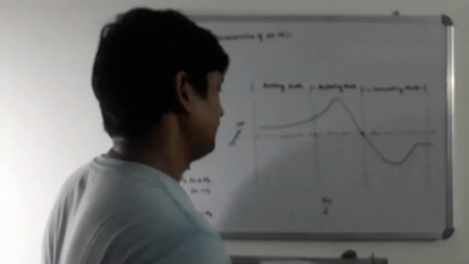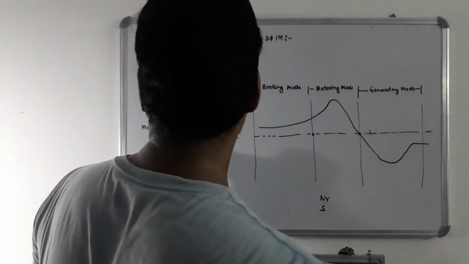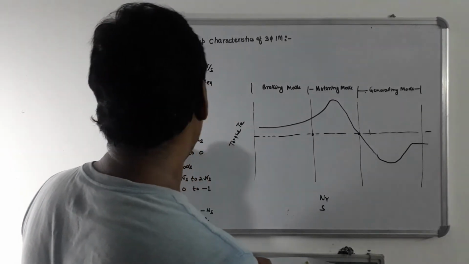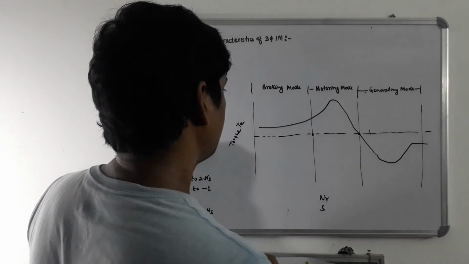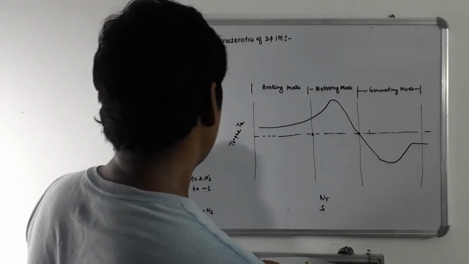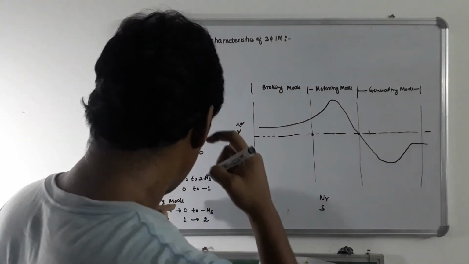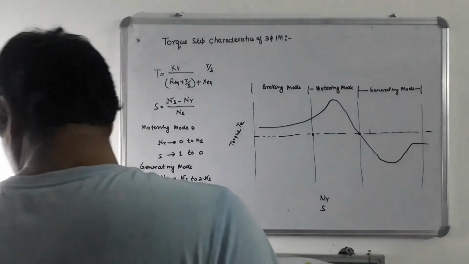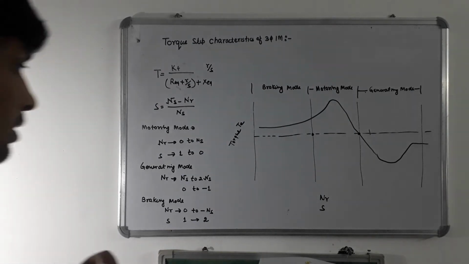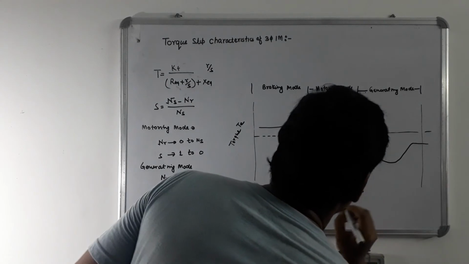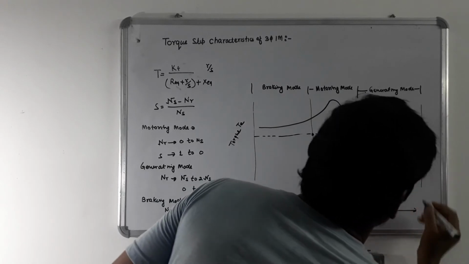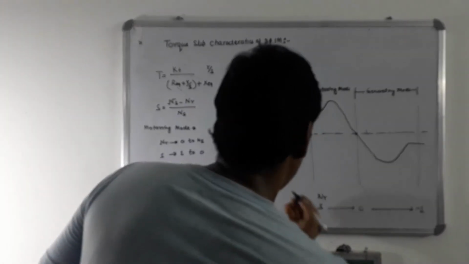If we are talking about the motoring mode, here slip will be 0, and here slip will be -1.